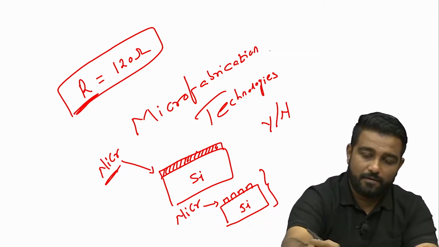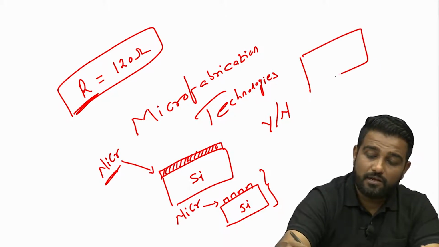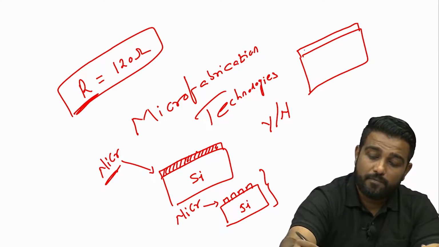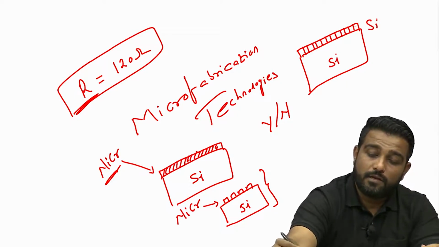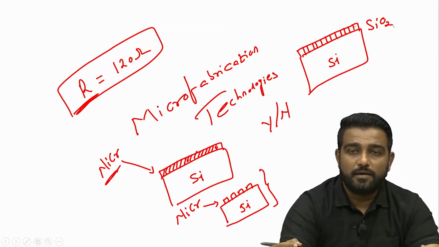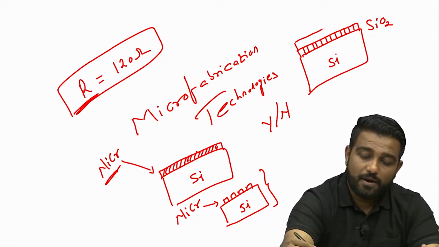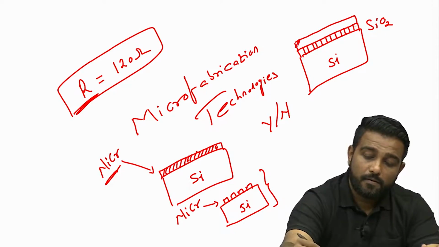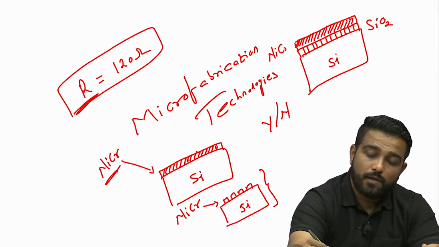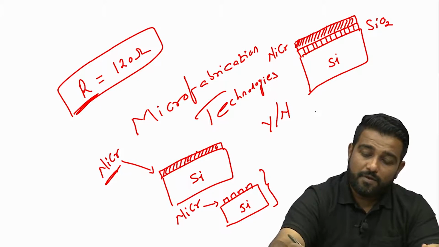What I mean is, you take a silicon wafer, and then you grow silicon dioxide. This is the silicon wafer, this is silicon dioxide. Silicon dioxide is an insulator, right. On this you deposit your metal, which is your nichrome, and then you fabricate your heater.